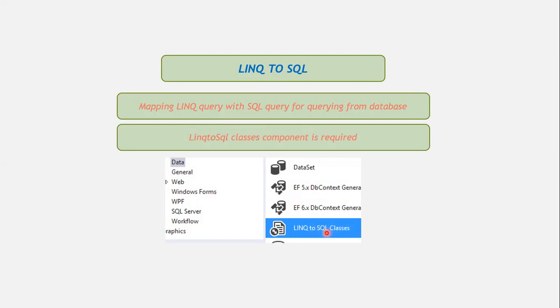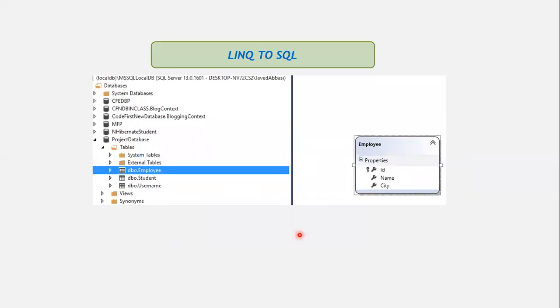That is the LINQ to SQL data provider that is available in the data category in Visual Studio. You see, after adding LINQ to SQL classes, we get this kind of interface. In that interface, we can directly drag a table from a database to create a kind of schema, and that will be used by the LINQ to SQL classes components.